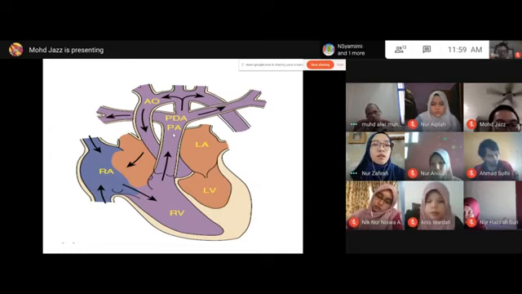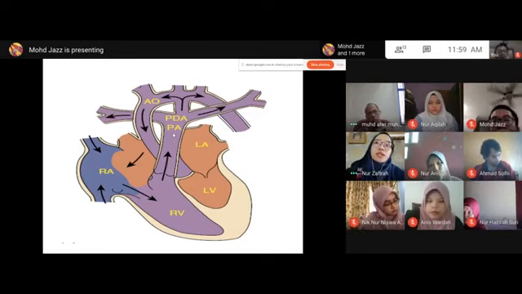So I forgot to mention when we say this patient has cyanosis.